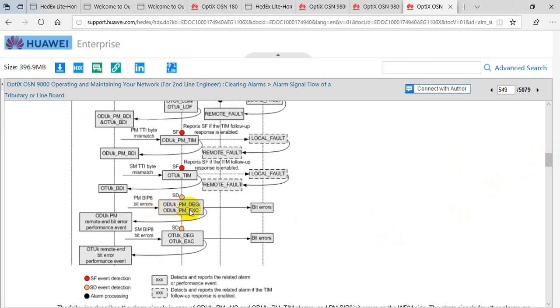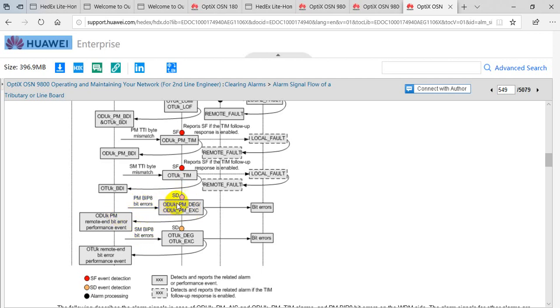Now signal degrade type. Signal degrade at OTN is monitored by BIP, the PM, there is a BIP 8 byte in the PM, also in SM. So first is the ODU layer, second is the OTU layer.